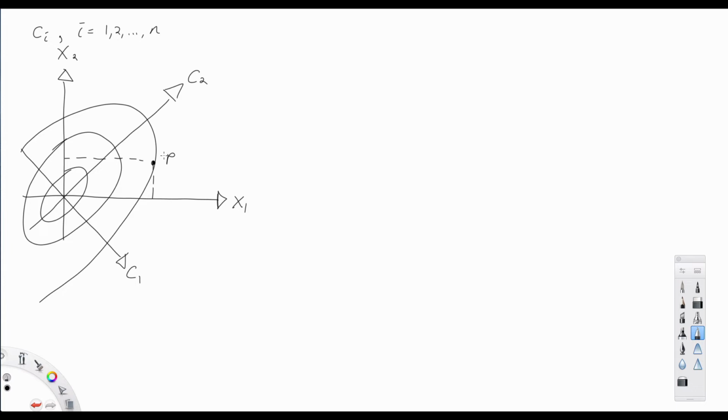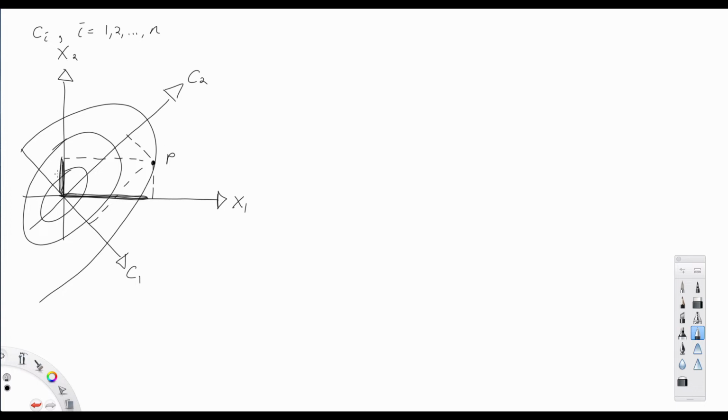So suppose we have a point P, and we can define it in the x-coordinate system, or we can project it onto the c-coordinate system, and we need to define it in either case. So here in the x-coordinate system, the first x component will be this magnitude, this length, where P is projected along x1, and then the second component will be this magnitude, how far P is projected along x2.